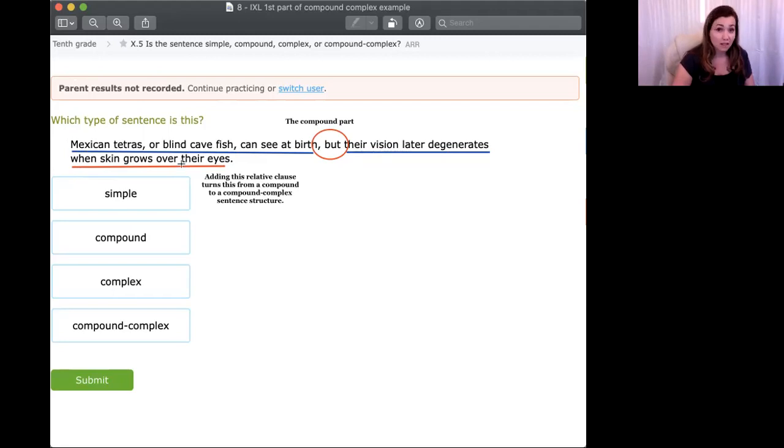Well, that's a dependent clause and it's relative. So we have a compound sentence first, and then we have a dependent clause being added, which turns it into a compound complex sentence because we have more than one thing happening here. We have compound plus we have complex, okay?